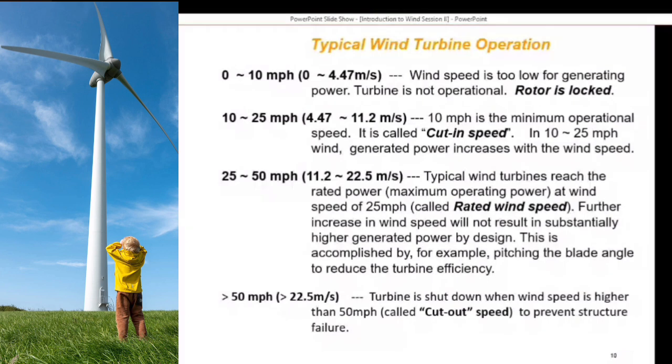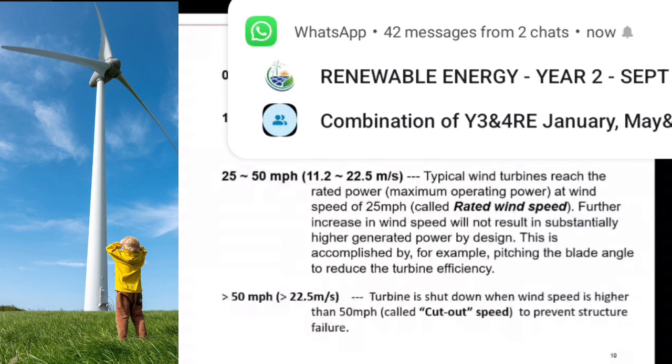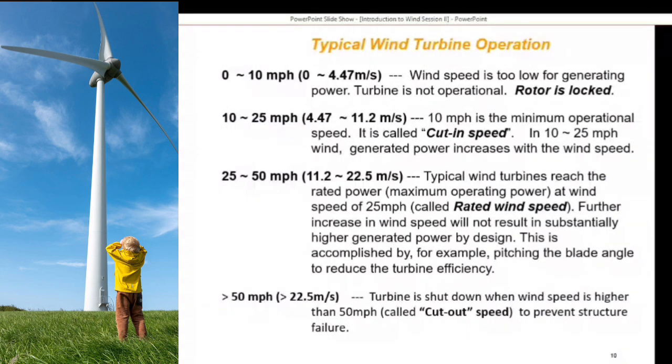It is when we can produce the maximum of the design. The rated design is where we can have the maximum.